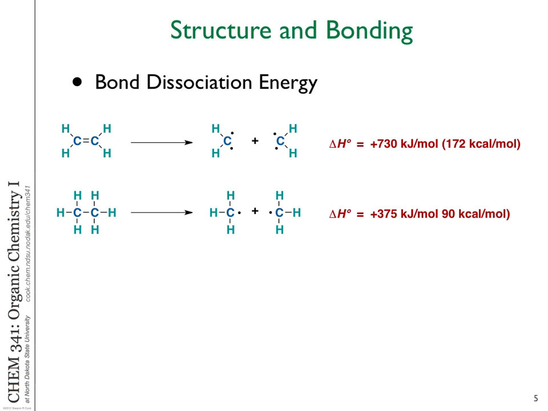So if you factor out 375 kilojoules per mole here, what you see is that that's about 355 kilojoules just for the pi bond. Okay? So when we talk about reactions in the future, the double bond is going to be weaker than the sigma bonds, and so that's what we think about first when we think about how the molecule reacts. Which bonds are going to break first? The weakest ones, right?